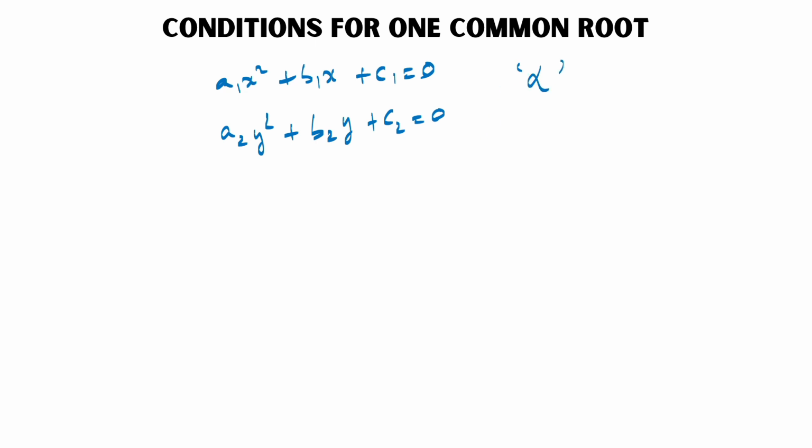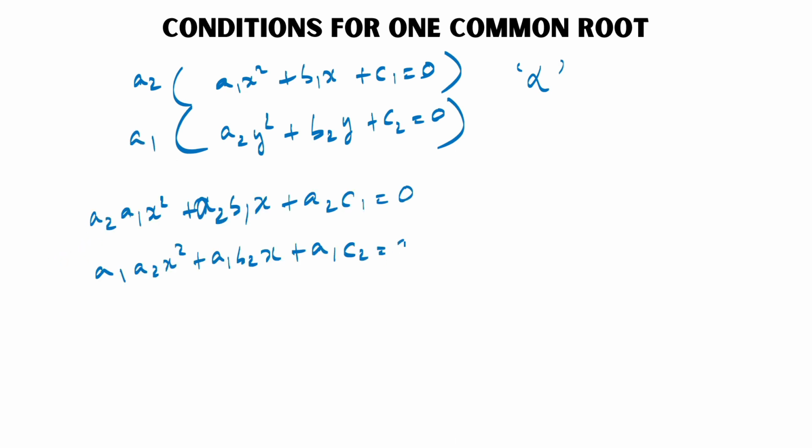Consider a quadratic equation, let's say a1x square plus b1x plus c1 is equal to 0, and one more equation, a2y square plus b2y plus c2 is equal to 0. Let us say the common root is alpha. Now we multiply the first equation with a2 and the second equation with a1.